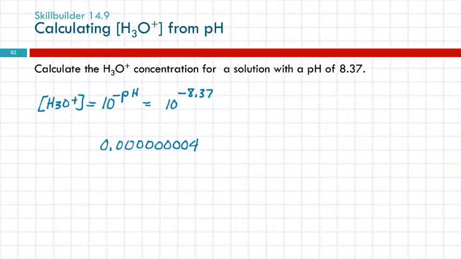So on mine, I have to go to Mode, and then over to SCI for scientific notation, and then I have to quit the mode, and if I press Enter again, I get the full number. It's actually 4.265 times 10 to the minus 9, which would be 4.3 times 10 to the minus 9.